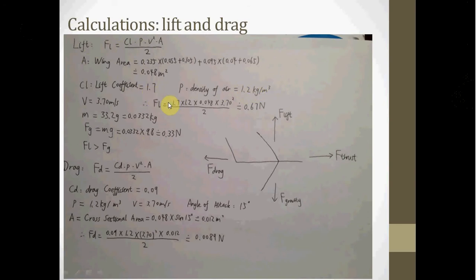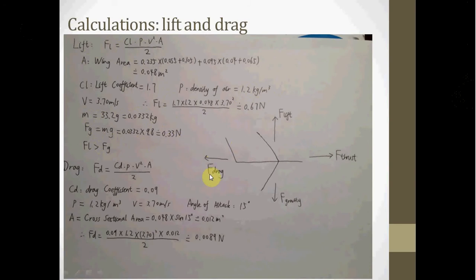We put everything in the formula and got F lift equal to 0.67 newtons. For calculating F gravity, since the mass of our plane is 0.0332 kilograms, Fg is equal to 0.33 newtons. And obviously F lift is greater than Fg, so the plane can escape the ground and fly.